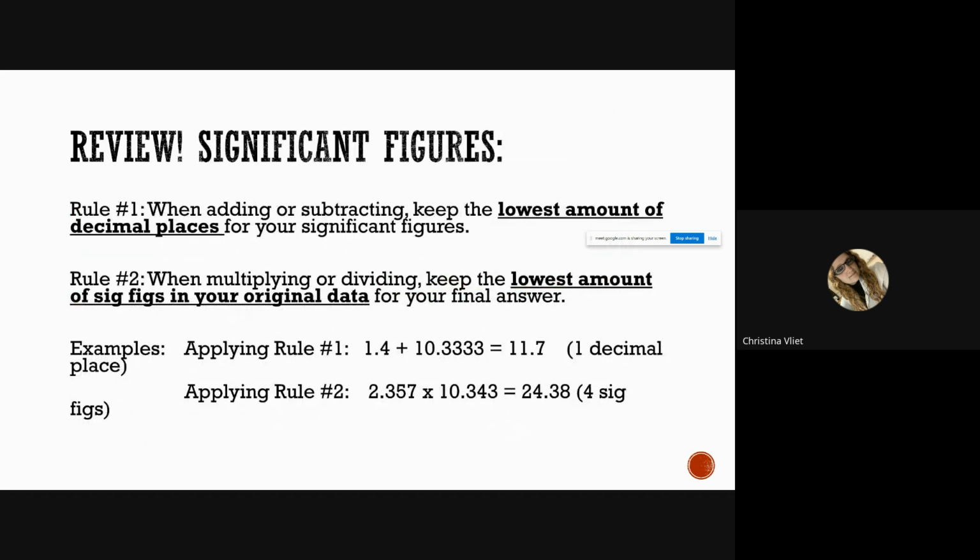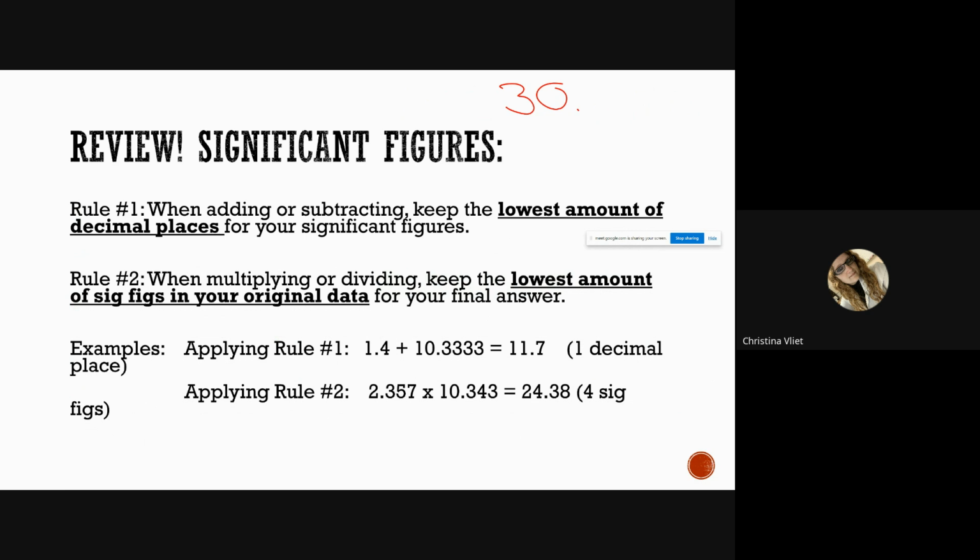All right, next thing. Rules for adding, subtracting, multiplying, and dividing. What if we had the number 30? Would that be one or two significant figures? Two? Oh boy. The truth: one.